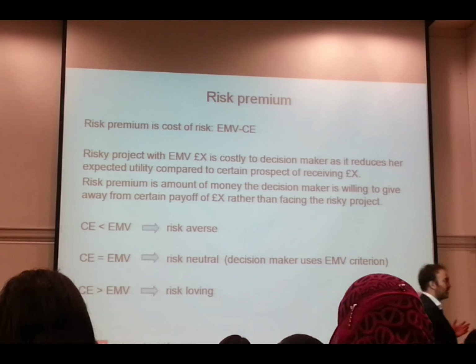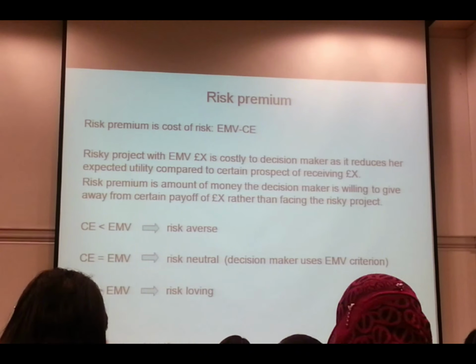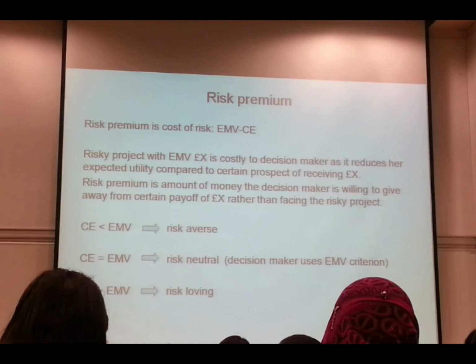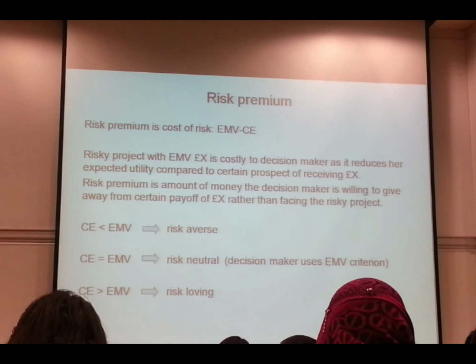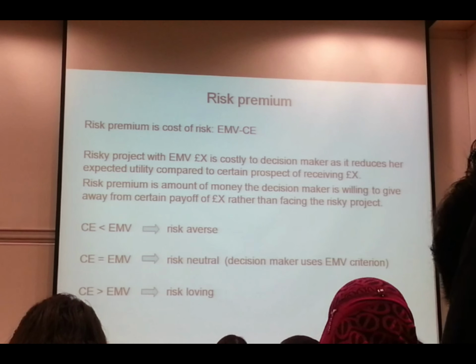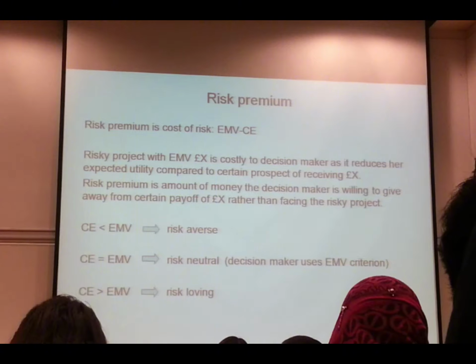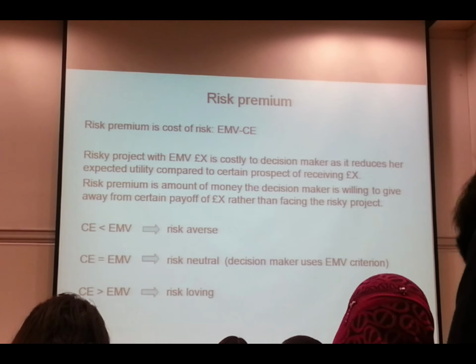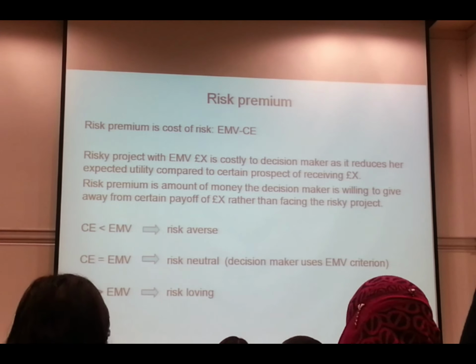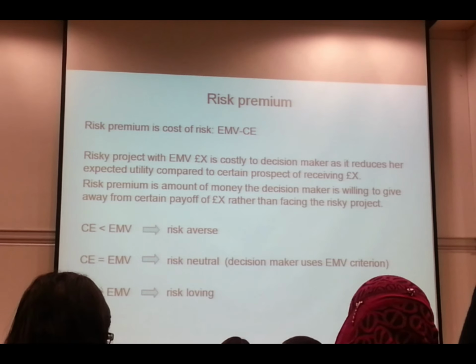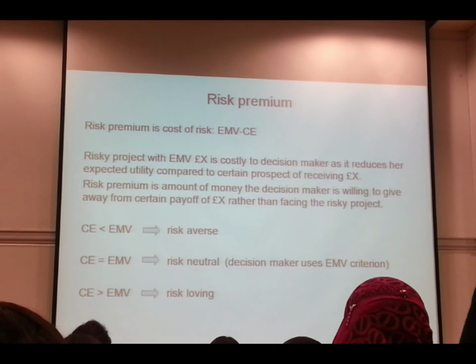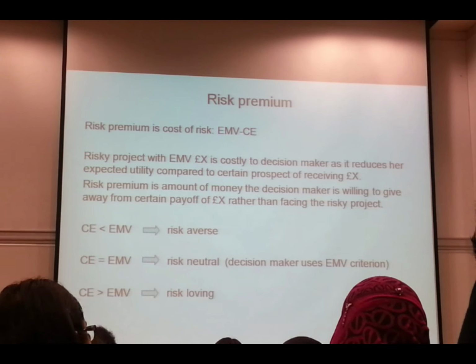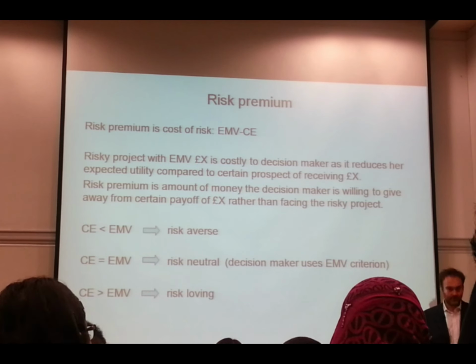So I'm going to ask you, how much are you willing to give up of the expected value so that you're indifferent between the certain outcome and the expected monetary value? The difference between the certainty equivalent and the expected monetary value is the risk premium. That is how much you would be willing to pay to avoid risk.